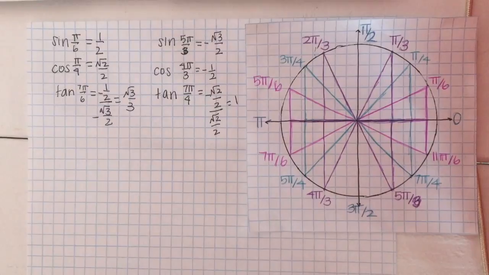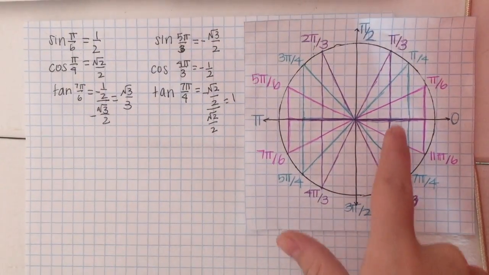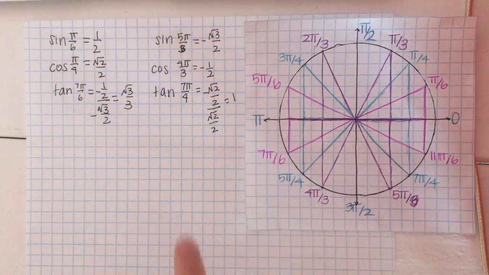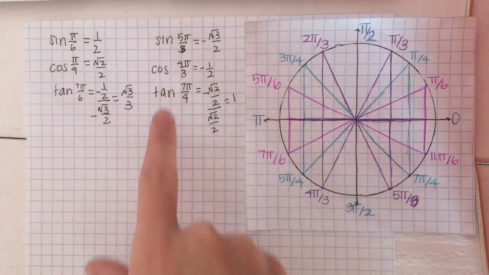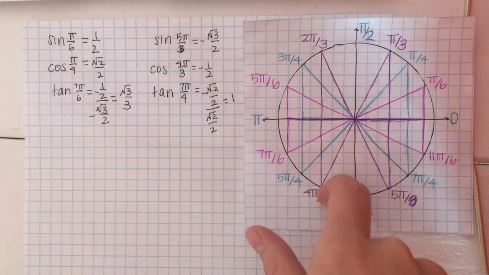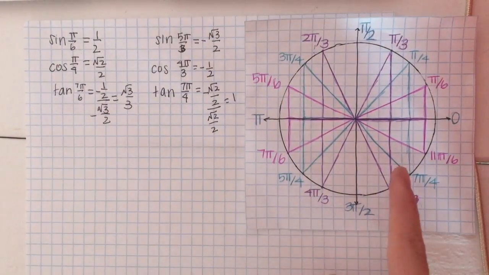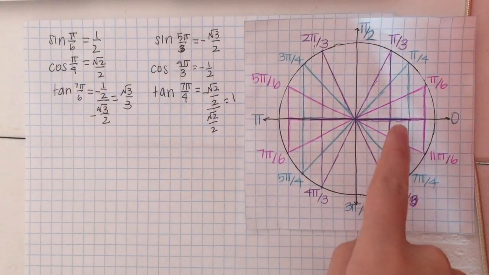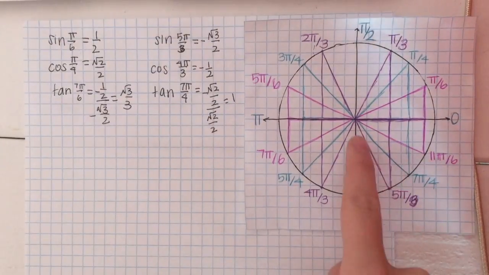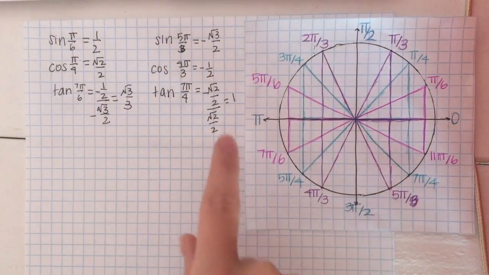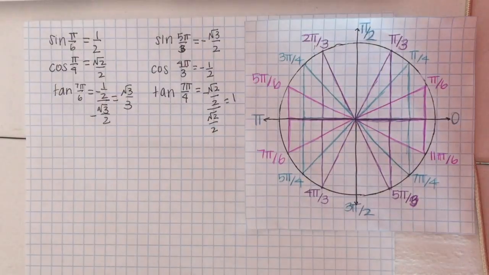And then we have sine of 5 pi over 3, which as you can see here is going to be negative root 3 over 2. Cosine of 4 pi over 3, which is just going to be this negative 1/2 value, and tangent of 7 pi over 4, which is going to be a negative root 2 over 2 over a positive root 2 over 2, which is going to be negative 1.